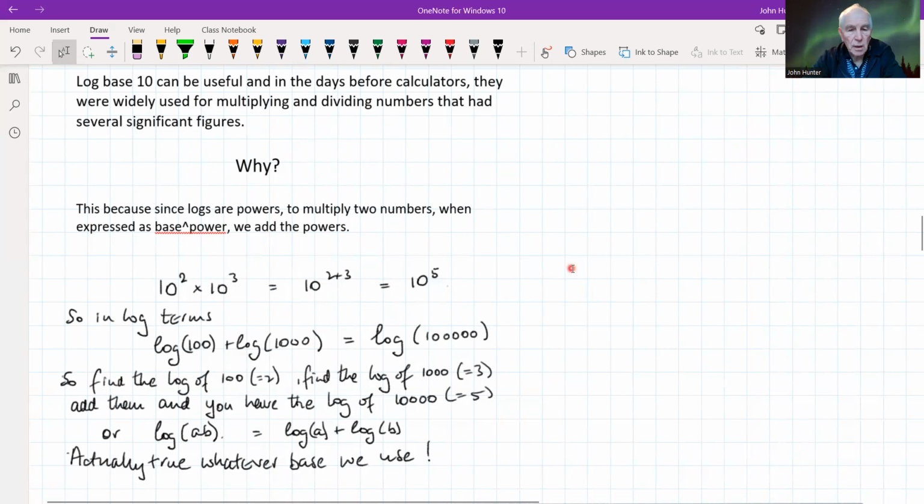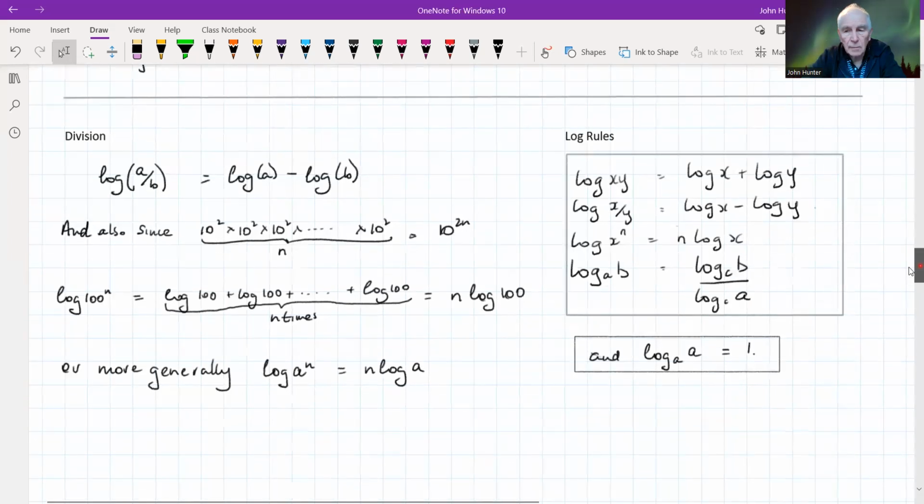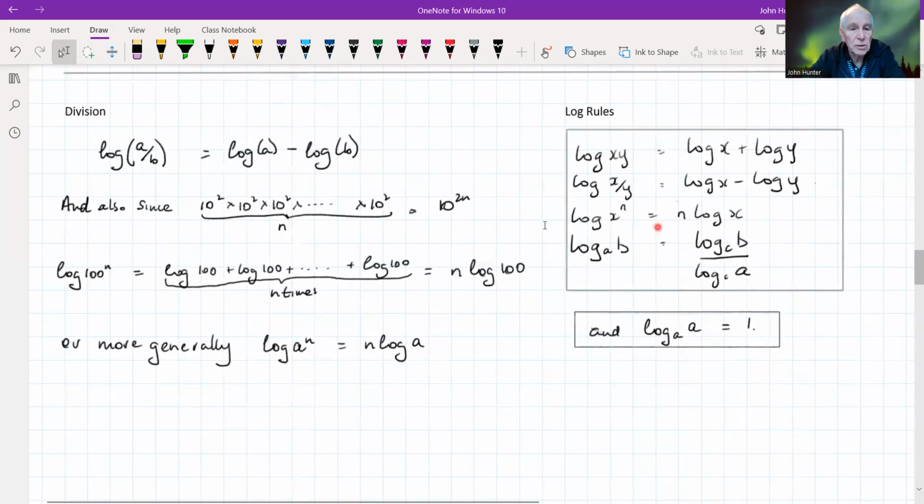But log base 10s are actually useful because, you know, base 10 decimal, easy to work things out. I mentioned adding the powers when we're multiplying.